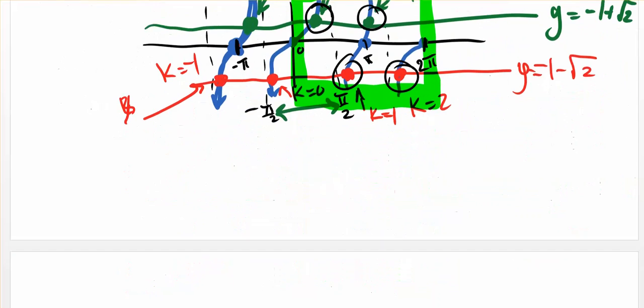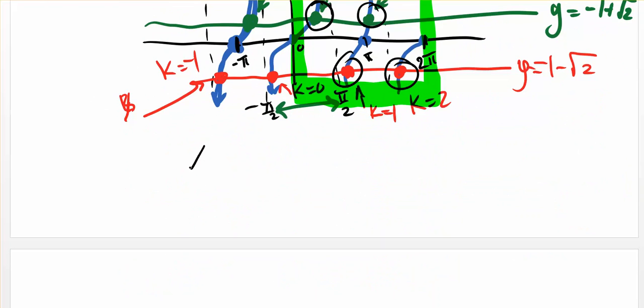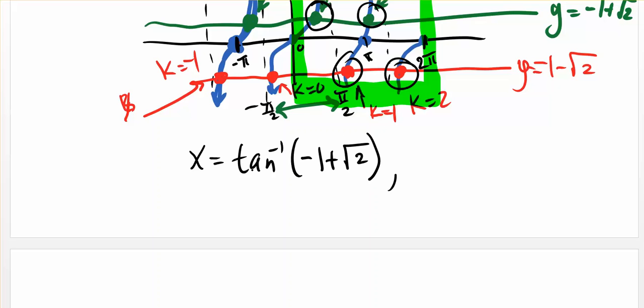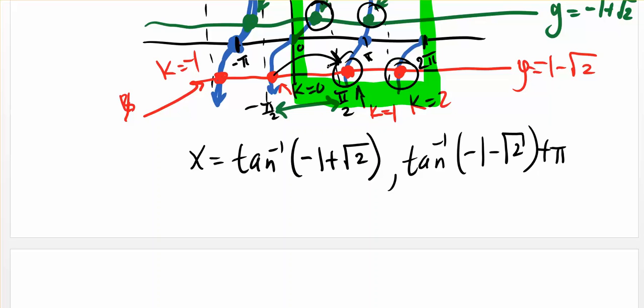So we can list the solutions. x will have to equal the inverse tan of negative 1 plus the square root of 2. For the next one, it's the inverse tan of negative 1 minus the square root of 2 plus pi. So we had to add a pi to get here.